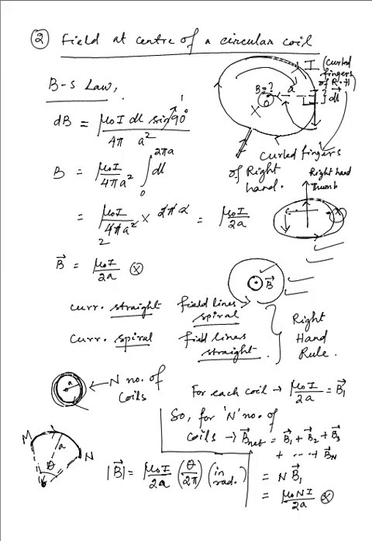So this is theta out of those 2 pi radians if it is in radians, or it will be mu naught I divided by 2a times theta divided by 360 degrees if it is in degrees.